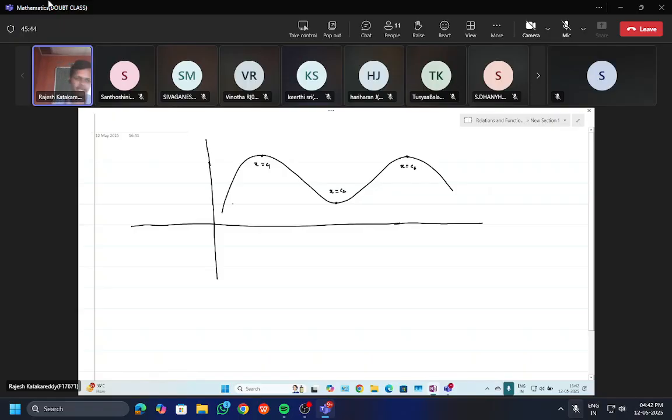So now if I take two values, this is x1, and the image corresponding to x1 calling f of x1. Clear? So now little above to the x1, this is x2, image corresponding to x2 is f of x2.